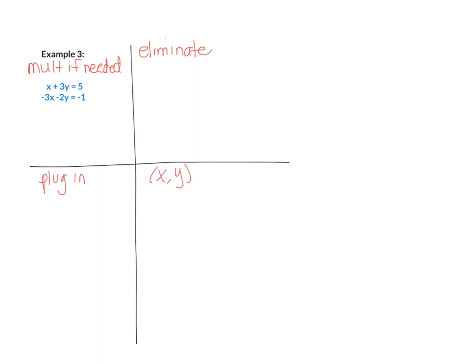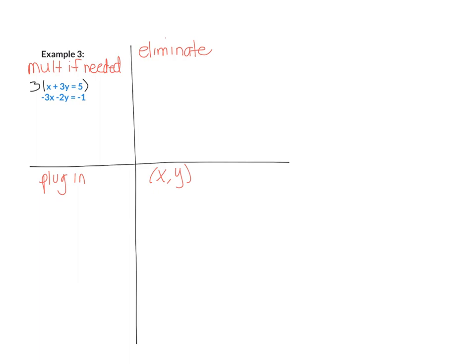Example number 3. x plus 3y equals 5 and negative 3x minus 2y equals negative 1. In this example, I do not have one variable that is the same, with one being negative and one being positive. So what I'm going to have to do is take the whole first equation and multiply the whole thing by 3.